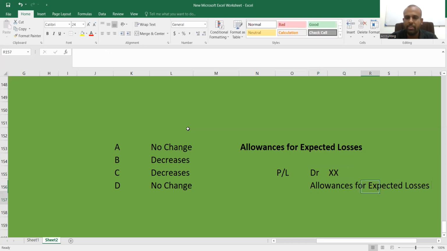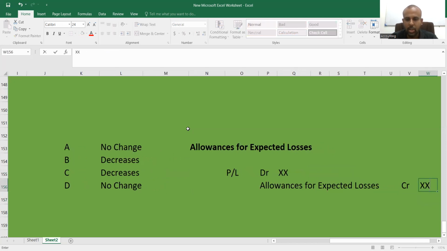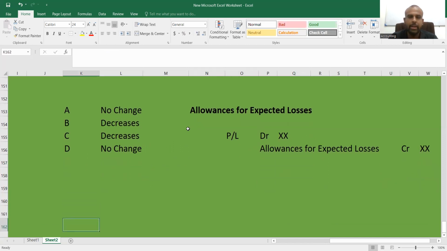And then you can see, when you are accounting for the allowances for expected losses, it has no impact on trade receivable balance. It has no impact on the trade receivable control account, right?